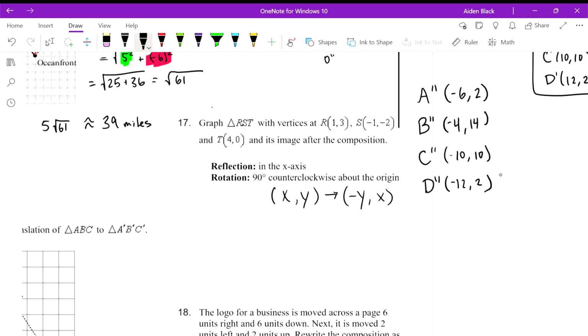And then, the reflection across the y-axis should be x, negative y. So you just use these points and first plug them through here. Get your image, your new points R prime, S prime, T prime, and then once you get those, you can run them through this function, and you'll end up with your new points.